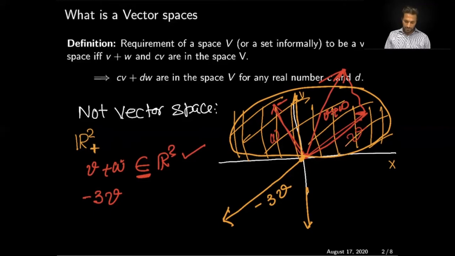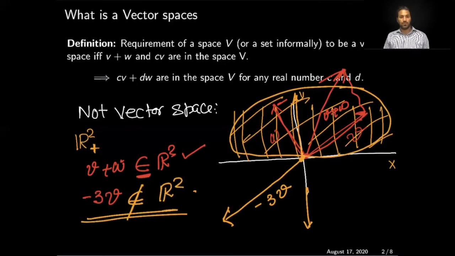Therefore this property is not satisfied, because 3V is no longer in this space. So this is not a vector space.